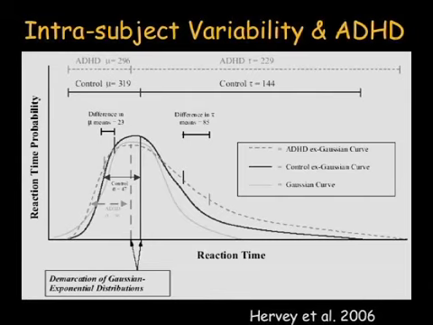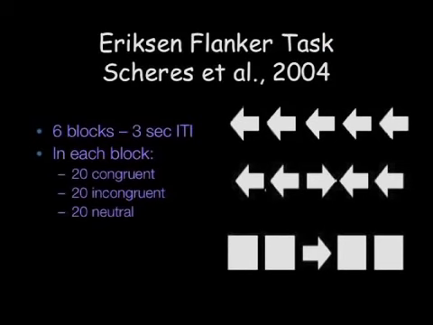We also found this in data from a postdoc at the time, Anouk Scheres, who had used a standard Eriksen flanker task in kids with ADHD, where they're told just to pay attention to the arrow in the middle and ignore the others. Sometimes the arrows all point in the same direction, other times they conflict, and other times there's just a rectangle that doesn't give you any information.